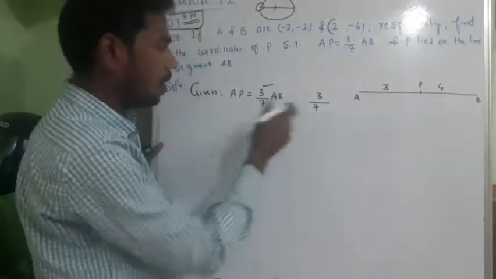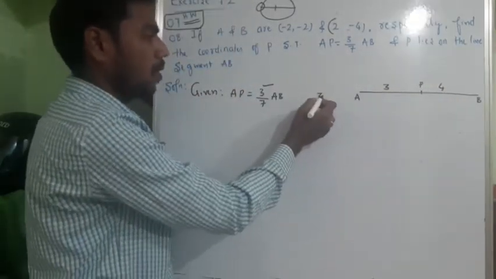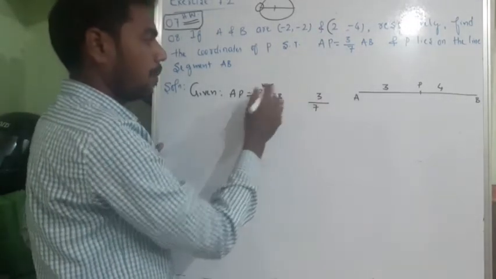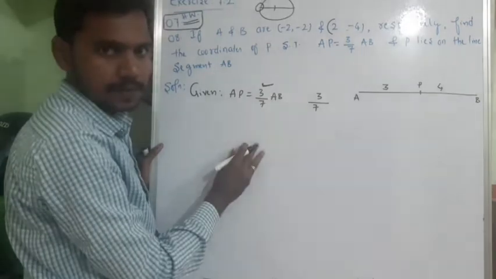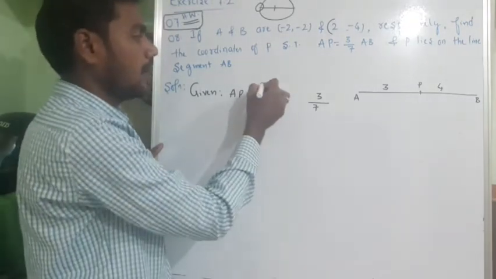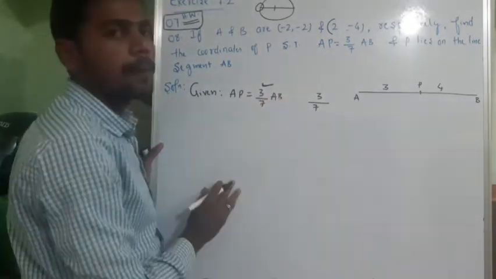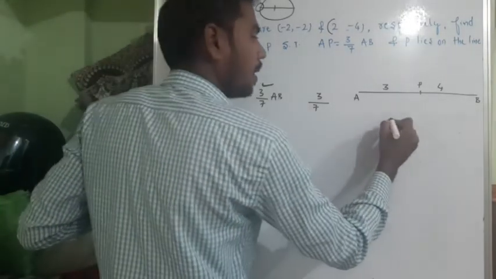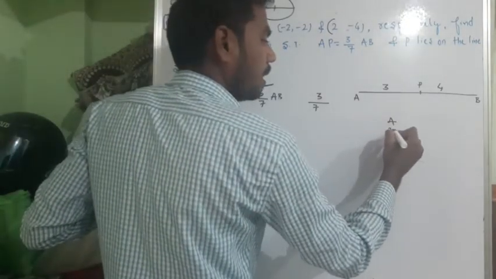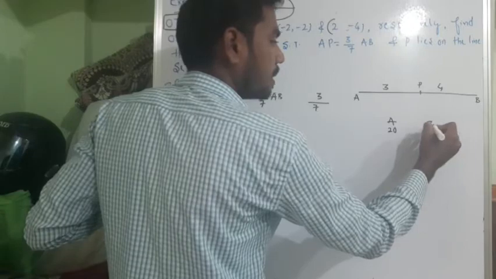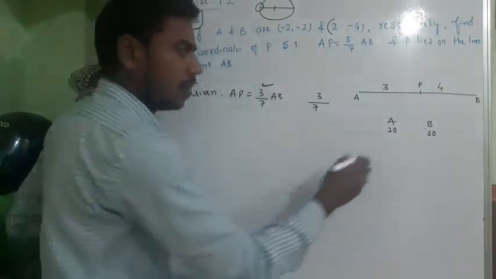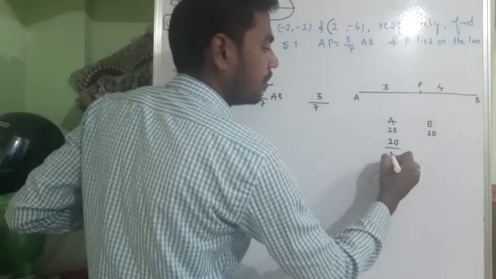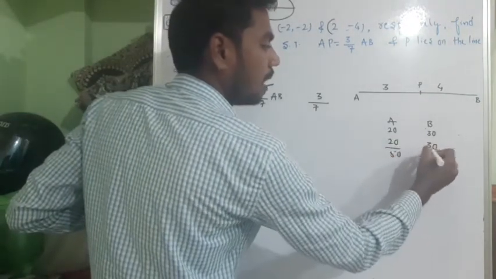Suppose A is 20, B is 30. How are we going to write the fraction? 20 out of 50, and for this, 30 out of 50.